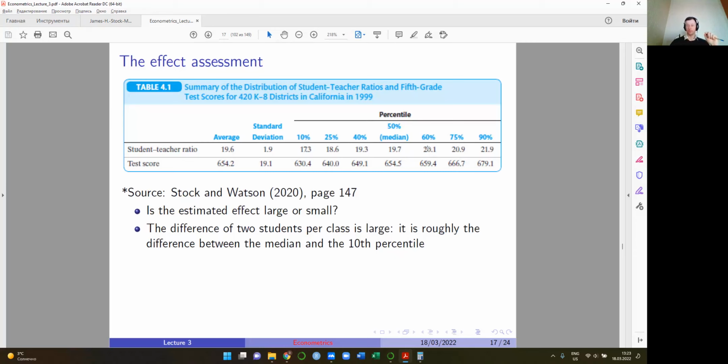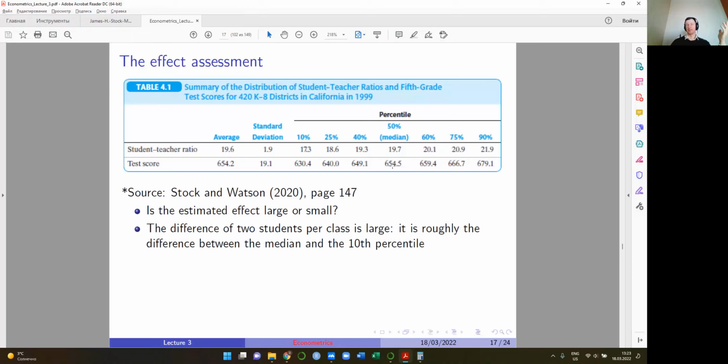Now, we know that the associated change in the test score is 456 if we reduce the number of students per teacher by 2, which is large compared to our sample. So again, if we had the median student to teacher ratio and median test score of 654.5, now let's reduce this 654.5 by 456 points, right?